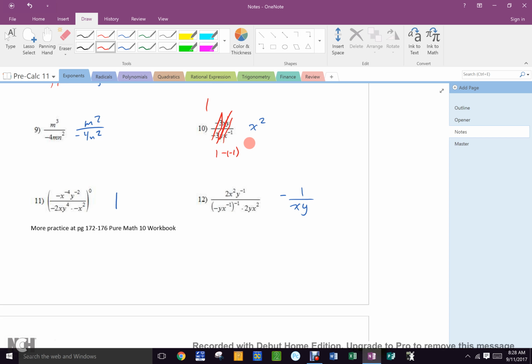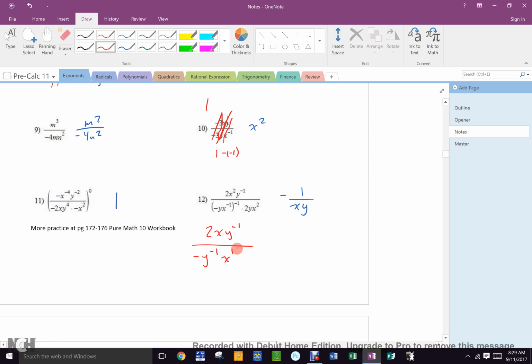Yes, I can. So, nothing's changing up top, right? 2x, y, negative 1. On the bottom, that negative 1 has to go inside the brackets, yes? So I'm going to get negative y to the negative 1, and I'm going to get x to the what? What's negative 1 times negative 1? Positive 1.